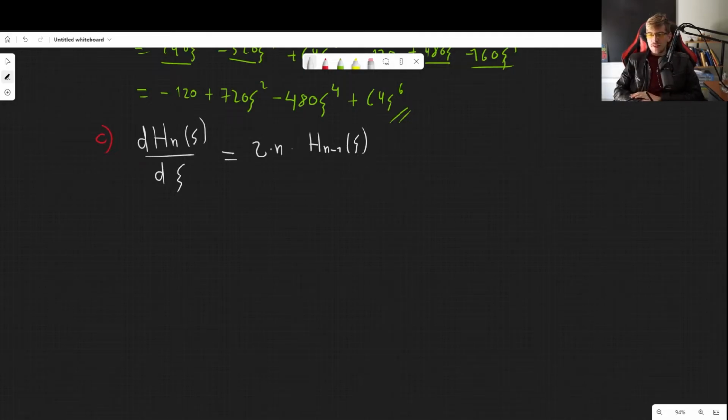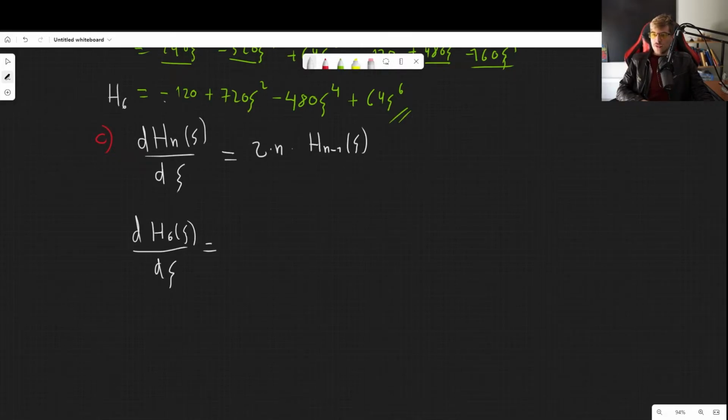So let's check this by using the 6th order Hermite polynomial that we just found. So it is this thing right here, right? This is h6. So let's take the derivative with respect to psi.